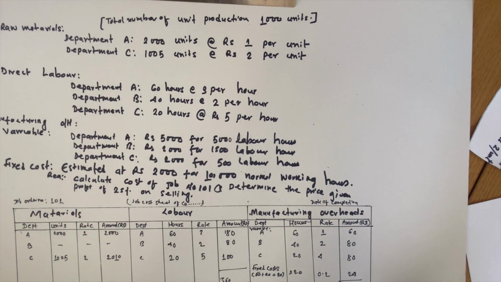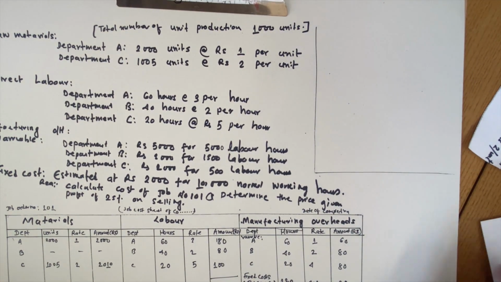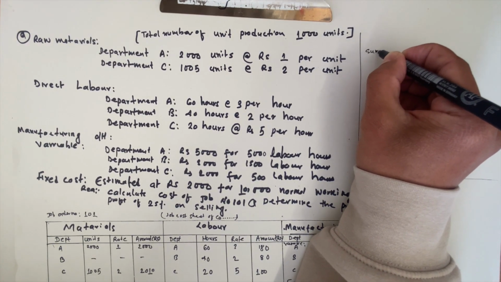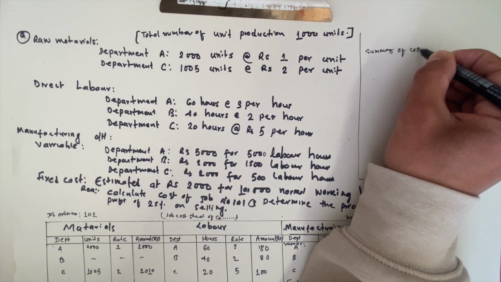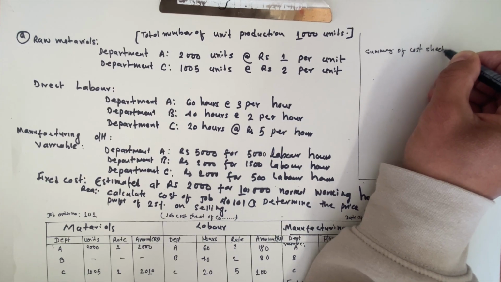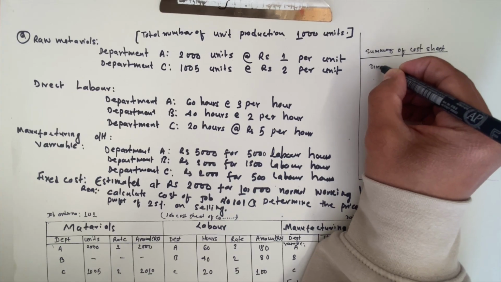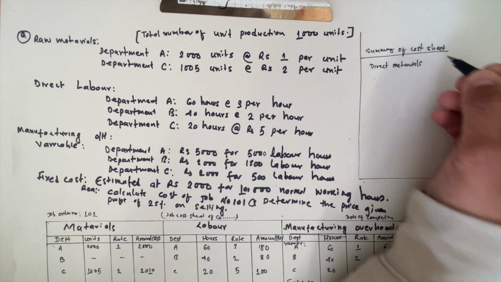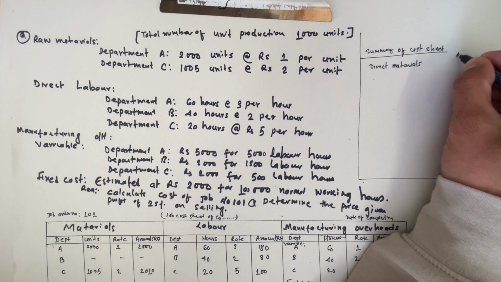Now finally we have to calculate another table here, which is known as the summary of cost sheet. Direct material, we know that the direct material value is rupees 4010.